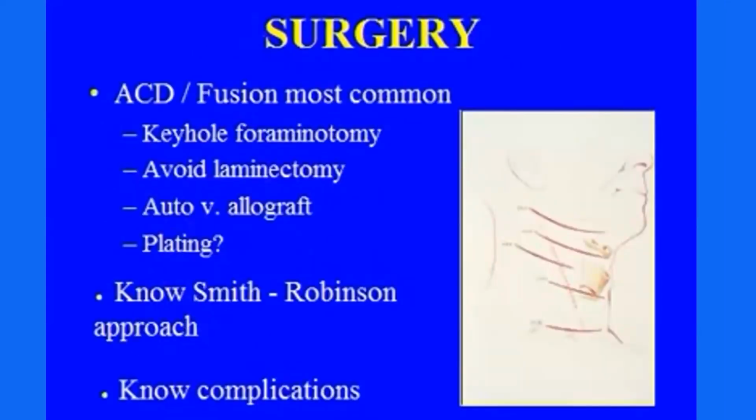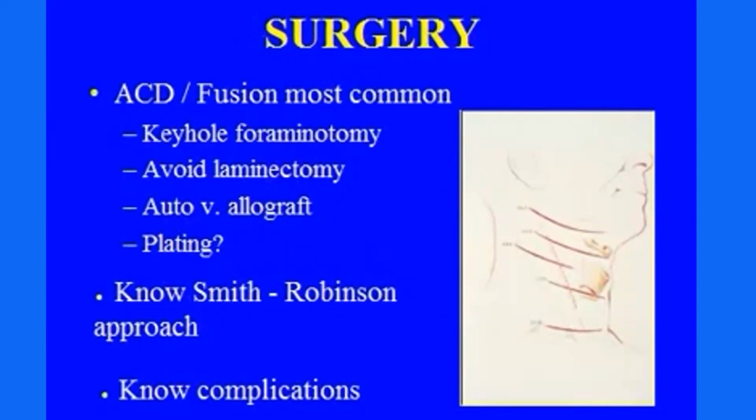Now, the question is that we do the far majority of our surgery through the anterior approach. And we end up doing fusion. There are some surgeons who use a discoplasty, bringing a prosthesis.